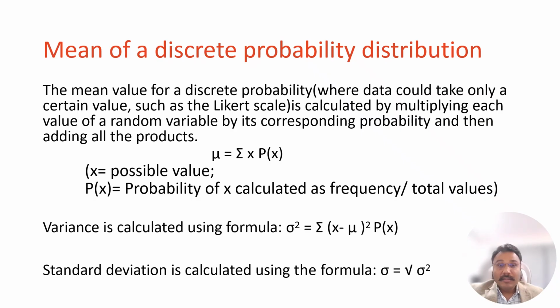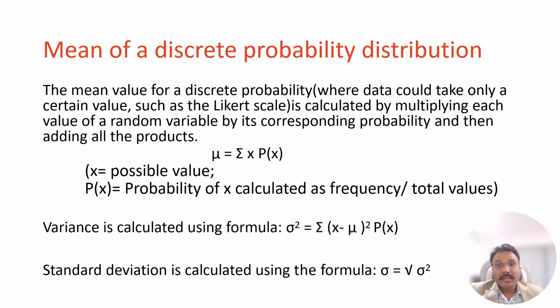So this formula tells us that we multiply each possible value of the variable, represented by x, by its corresponding probability, and then sum all of these products. The probabilities are typically calculated as frequency divided by the total number of observations.